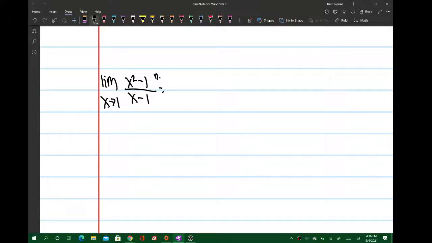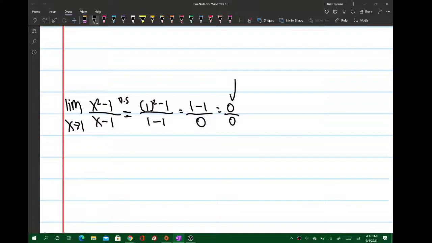If we do direct substitution, 1 squared minus 1 over 1 minus 1, that's 1 minus 1 over 0. This is 0 over 0. This is called the indeterminate form, which we cannot have, okay?